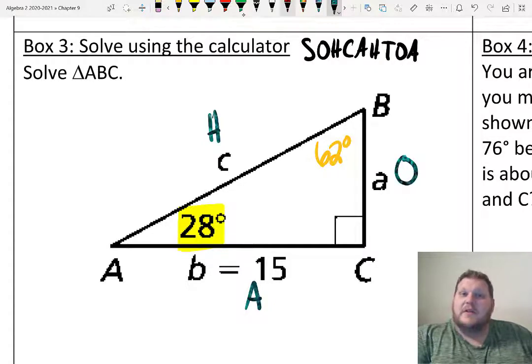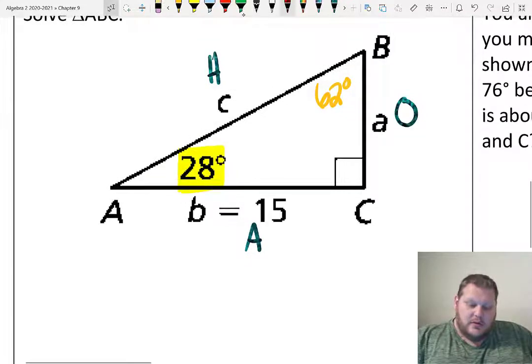So if I'm using 28 degrees as my angle, the opposite would be little a, the adjacent would be little b, and the hypotenuse would be little c. So I'm going to choose whichever one I want to solve for first. It does not make a difference. You can solve for the opposite side and then separately solve for the hypotenuse, but it's going to be 2 separate actions. They're not going to be directly related to each other. We're just going to have to use our trig ratios to find those values.